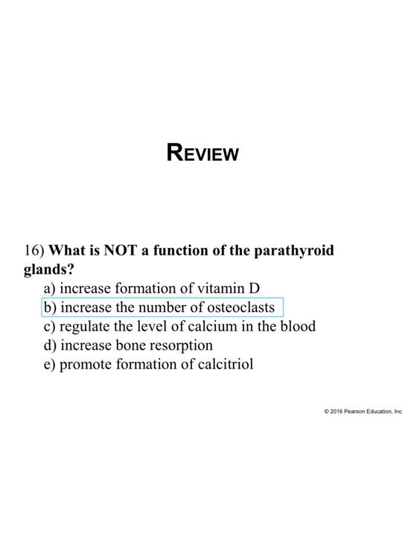Okay, so what is not a function of the parathyroid gland? Well, let's think about what the parathyroid glands do. They make parathyroid hormone, which increases blood calcium levels. To have more calcium in the blood, what makes it easier to absorb the calcium is going to be vitamin D. So yes, we would want to increase the formation. Remember, the kidneys are activating it to the form of calcitriol.